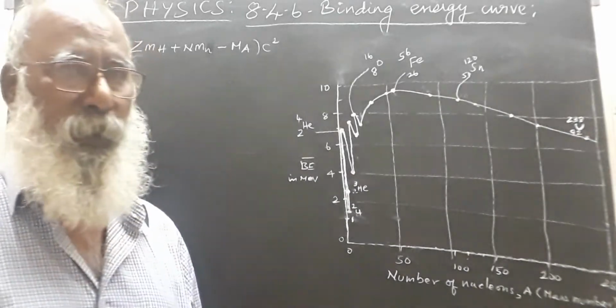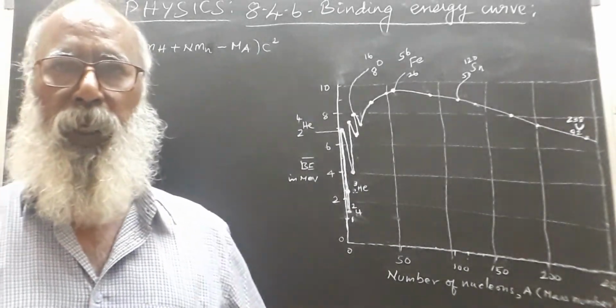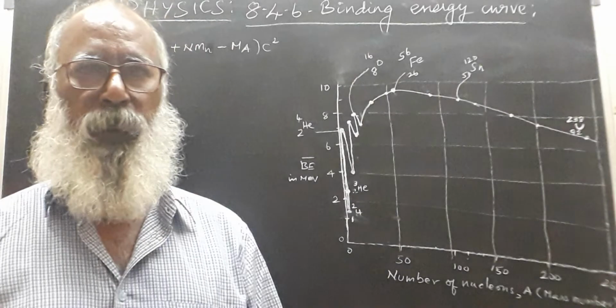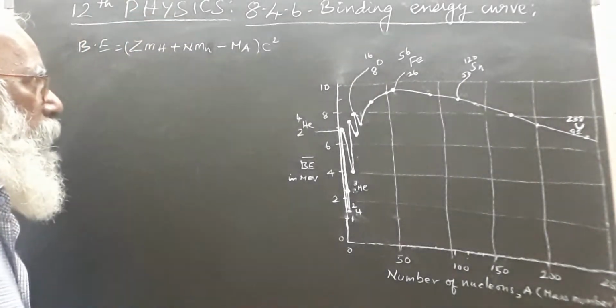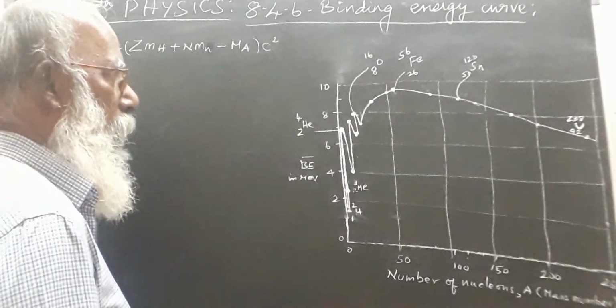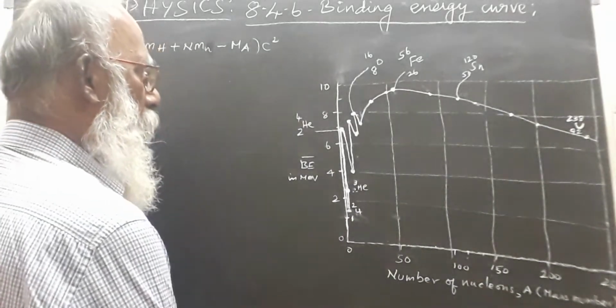Unit number, at present it may be called the ninth unit, but as per the textbook, 84.6 is the binding energy curve.